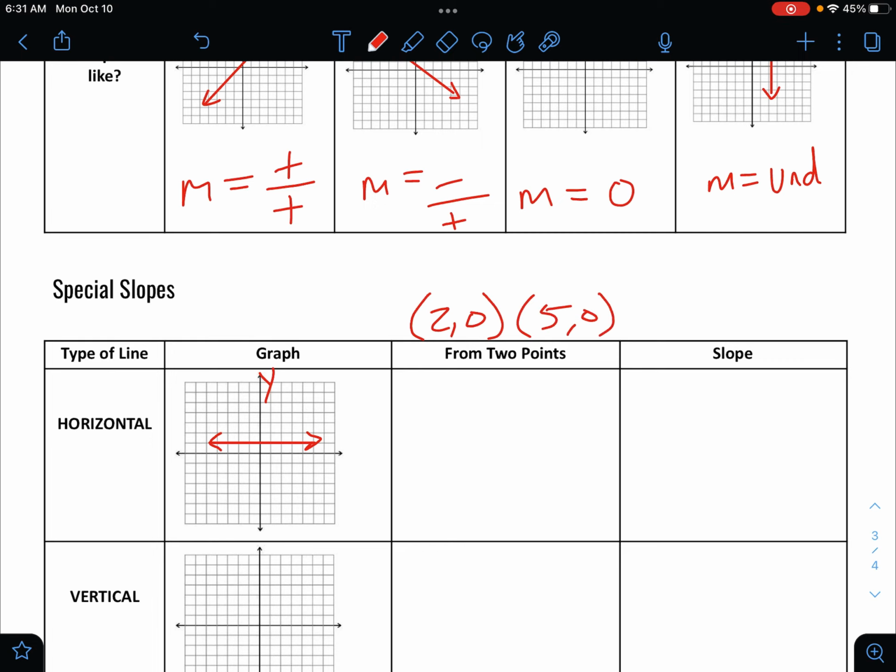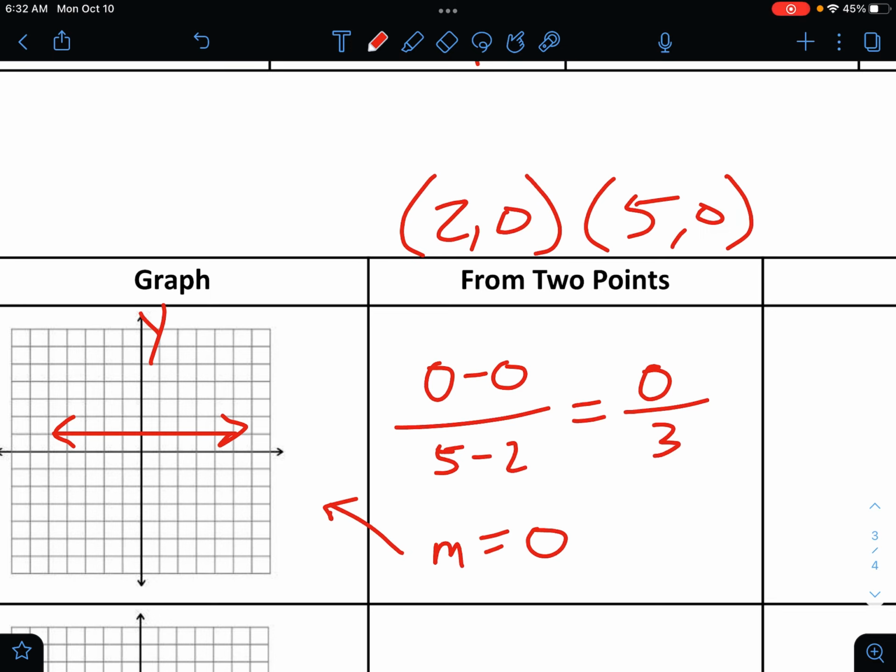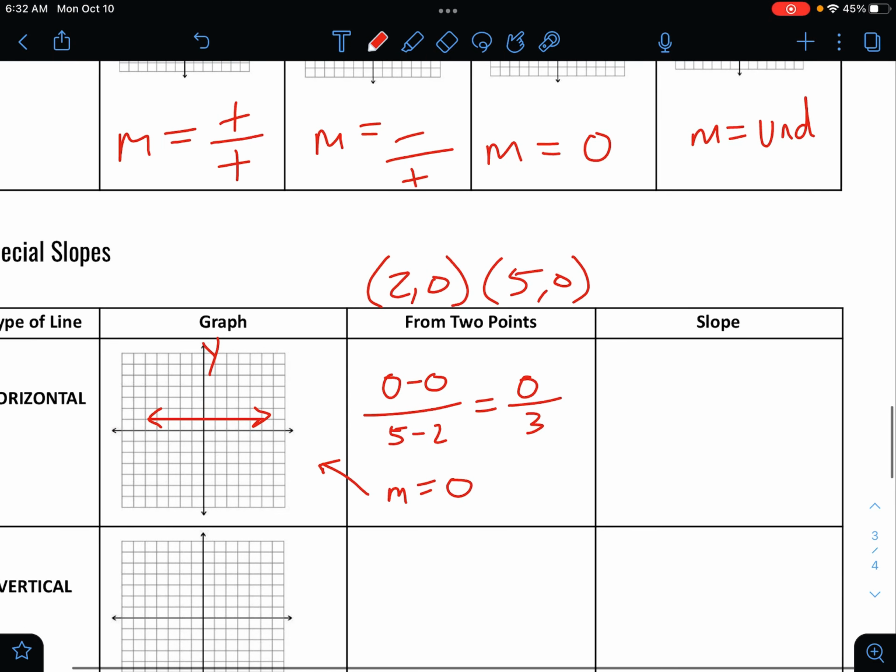If you subtract the two y values, you're going to have 0 minus 0 over 5 minus 2, the change in y over change in x, which gives you 0 over 3, and 0 divided by any number is still just 0, right? And so that's what that looks like, where you have 0 in the y values.